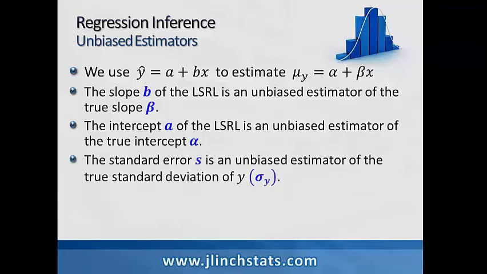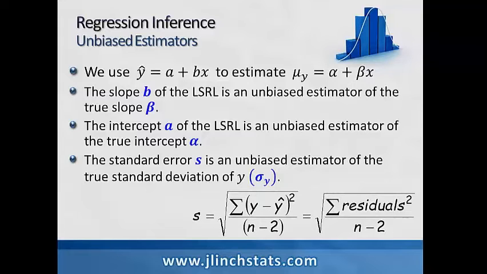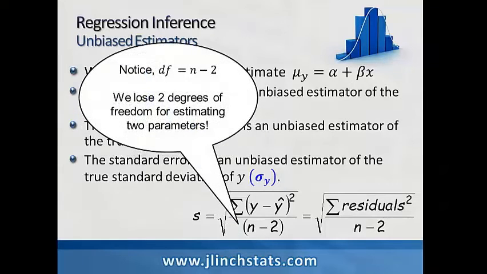Now the standard error s is also an unbiased estimator of the true standard deviation of y. And the formula for the standard deviation of our least squares regression line model can be found by taking the square root of the sum of the squared residuals divided by n minus 2. Notice when we divide by n minus 2, we're basing this on the degrees of freedom for this particular model.